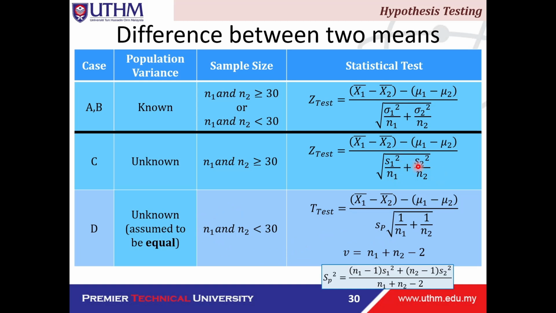Based on this formula, where the variances are unknown and assumed to be equal, you need to calculate the pooled variance of the sample, this one. And nu is n1 plus n2 minus 2. This means, if we refer to here, we replace the z-test by the t-test, and S1 squared and S2 squared are actually equal to Sp squared.